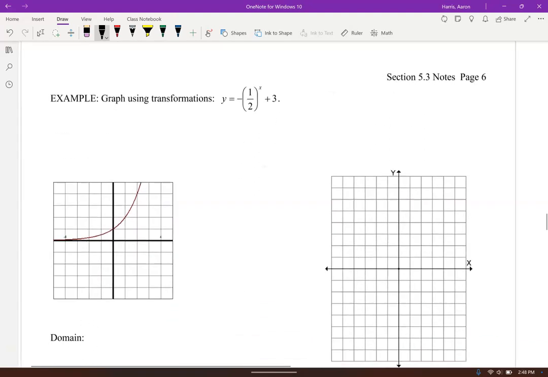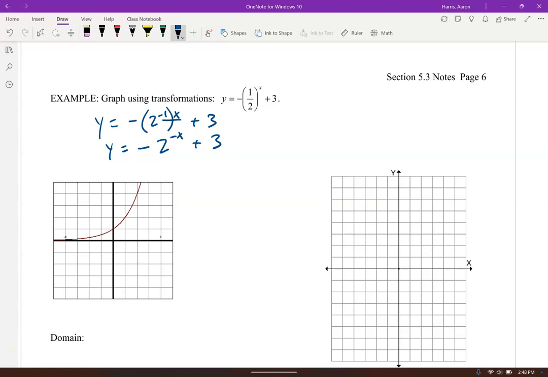All right, so I'm thinking about this one. Instead of 1/2, I'm going to write that as, that's the same as 2 to the negative 1. I'm going to multiply. So I have negative 2 to the negative x plus 3.